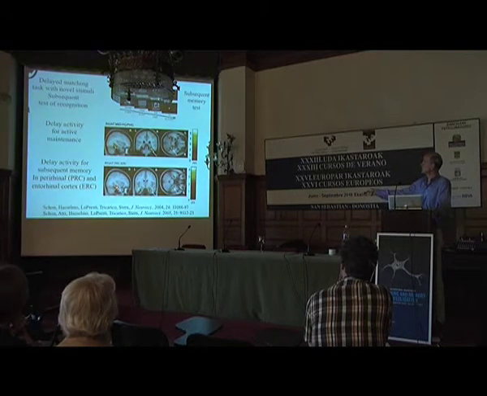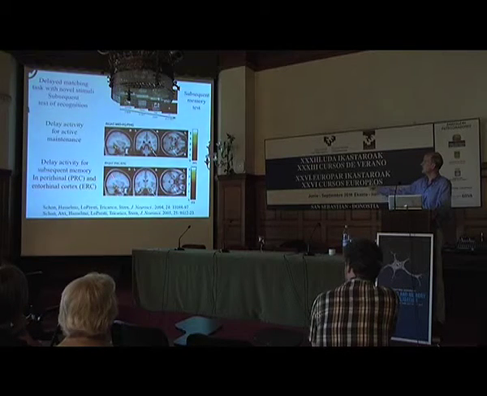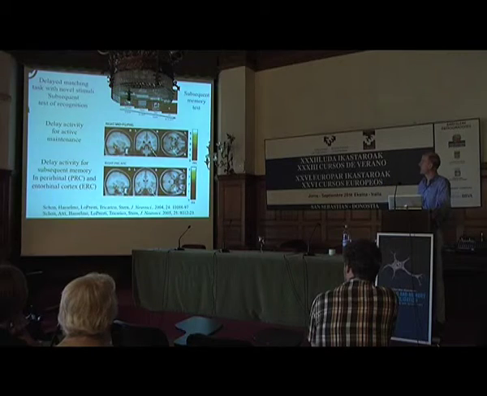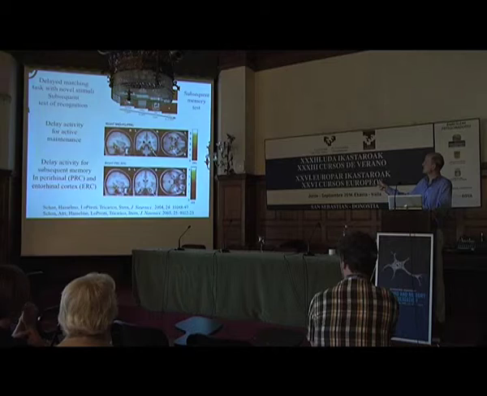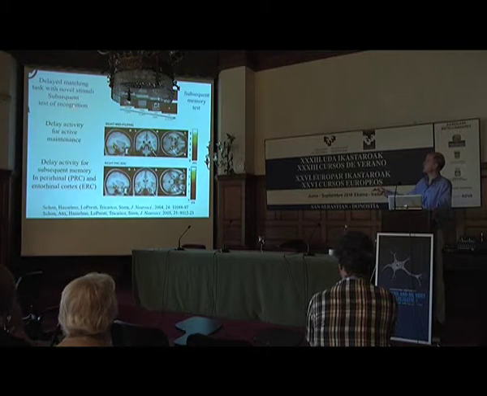We also looked at the correlation of this activity with a subsequent test of recognition for these stimuli, and found that there was actually an association with the delay period activity. Previously, subsequent memory studies had shown that if there was greater hippocampal or parahippocampal activation for the stimulus when it was present, you would do better on recognition later.